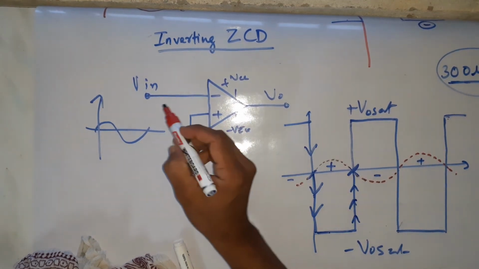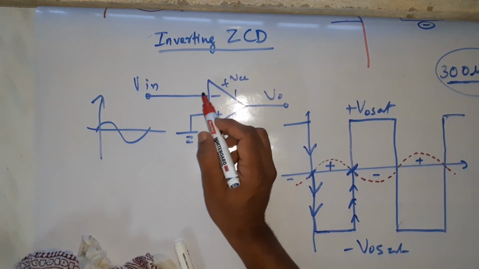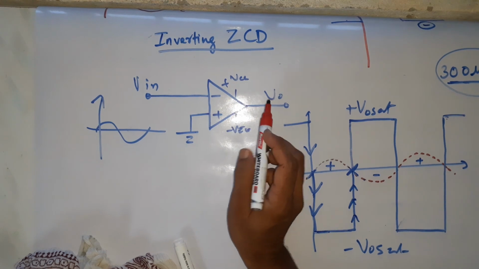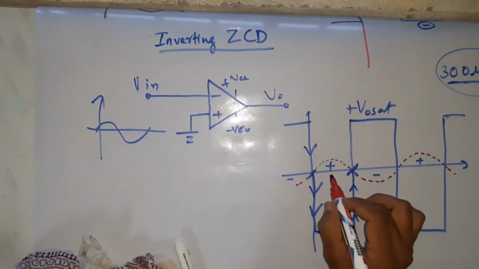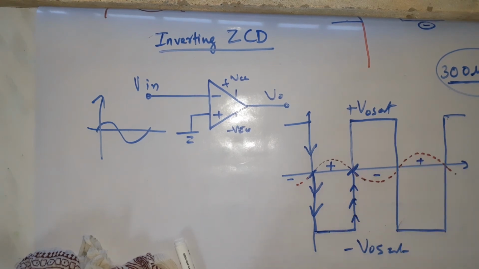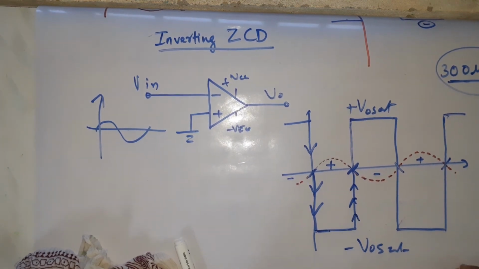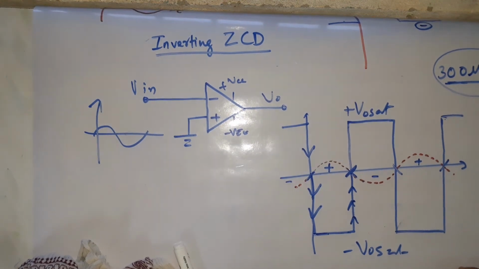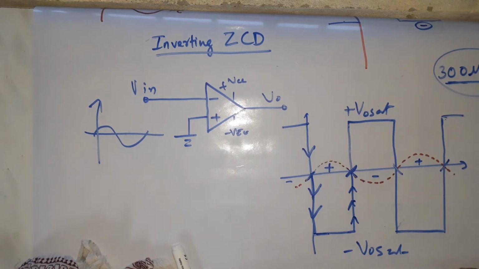Because you applied input to the inverting terminal, which means whatever input you give, the output is going to be the inverse of your input. So this is how the zero crossing detectors work, inverting and non-inverting. Okay. Let us take a new topic, voltage level detector or comparator.